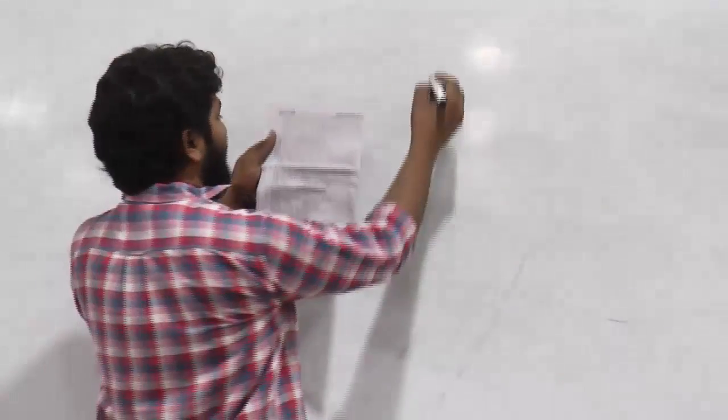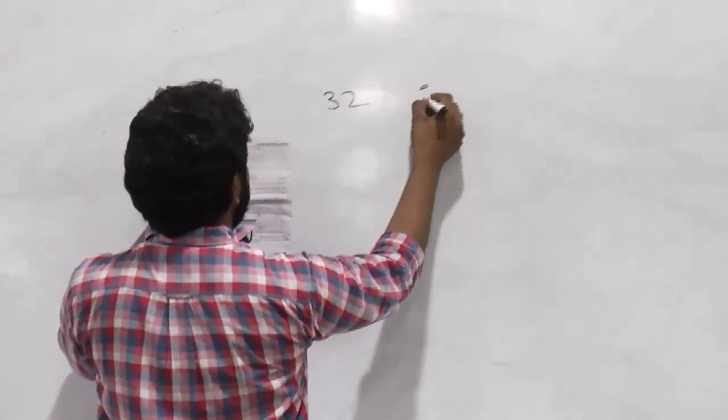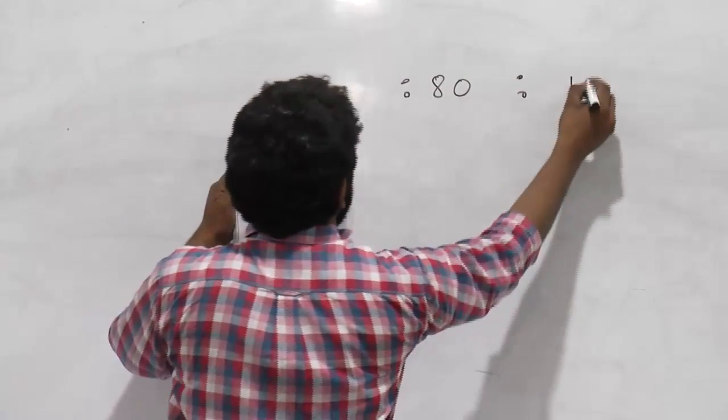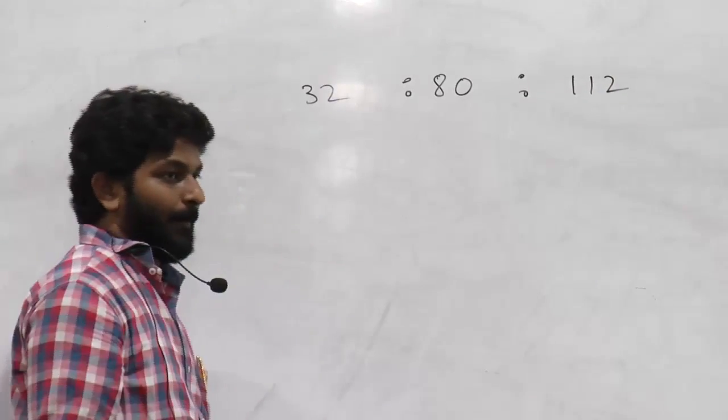You'll get the answer. They have started their business and business happened for 2 years. Investment ratio 32,000, 80,000, 1,12,000.